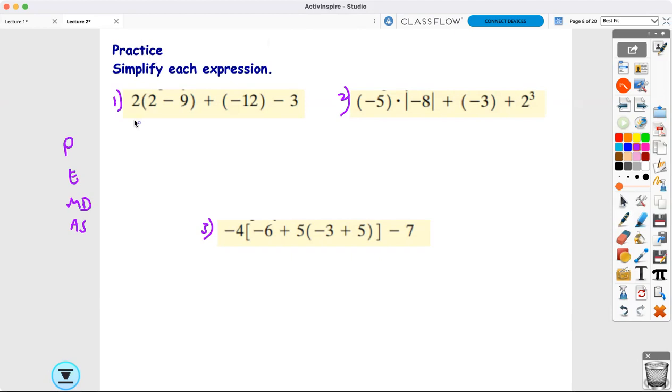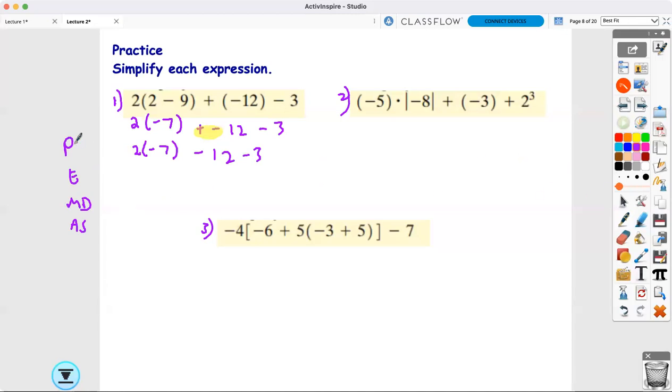So then we get 2 parentheses -7, bring down the plus -12 minus 3. Then we use the same logic here. What's the same thing as plus negative? Subtract. So then we get 2 parentheses -7 minus 12 minus 3.